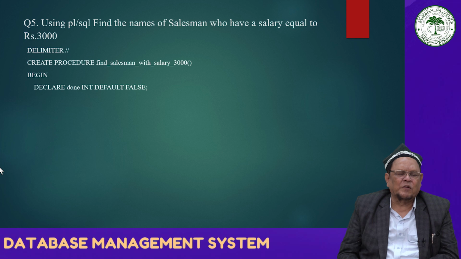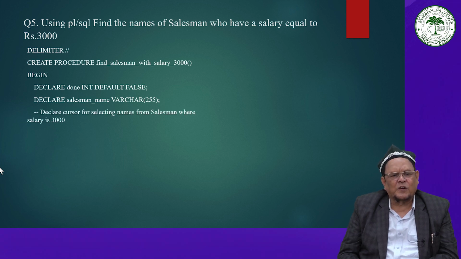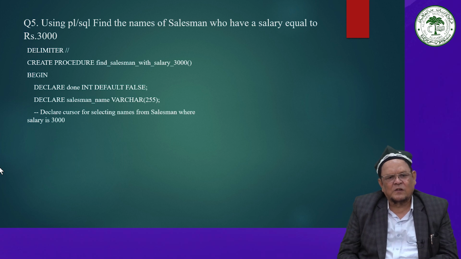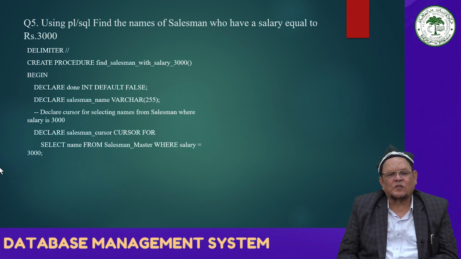Then also in the same way begin, then declare done integer default false, declare salesman varchar(256), and then you have to declare the cursor. It means declare it for selecting name from salesman where salary is 3,000. So declare salesman_cursor for select name from the salesman master where salary is equal to 3,000.